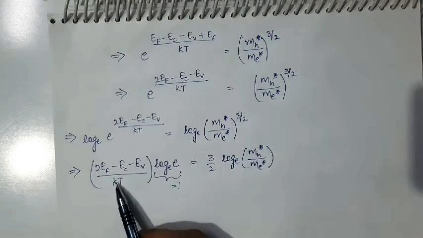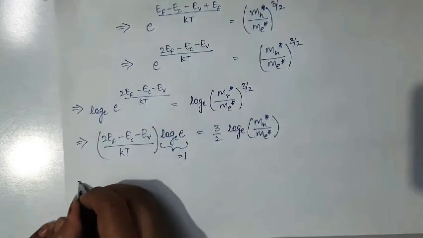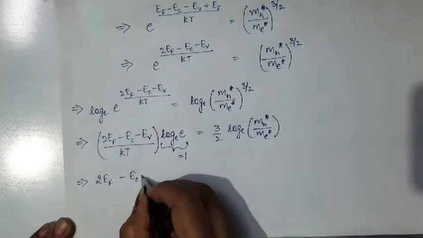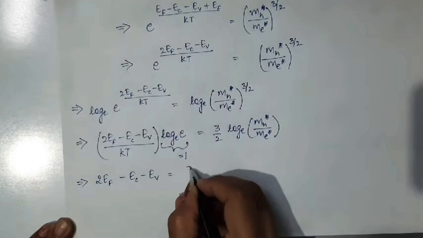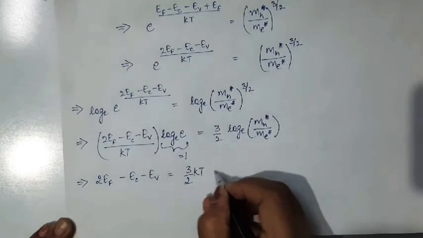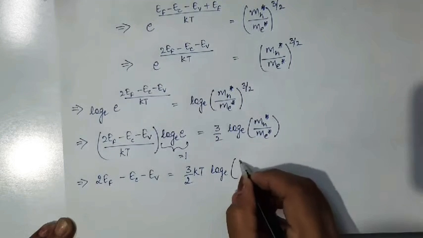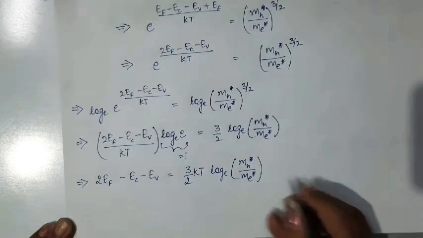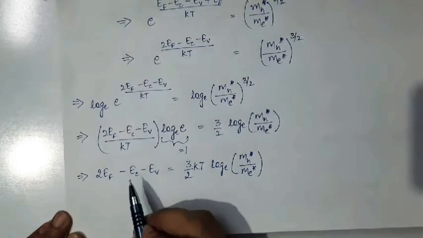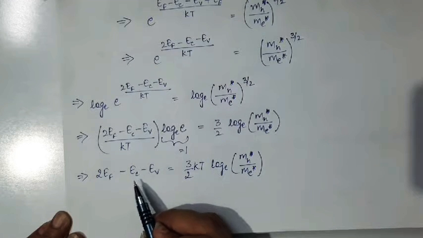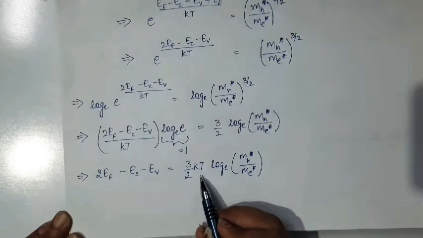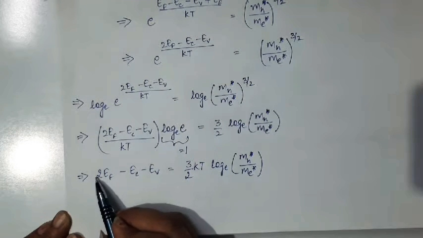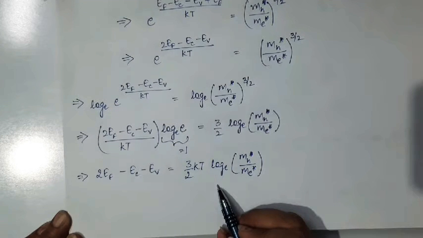It means move this KT to this side. We will get 2EF minus EC minus EV equal to 3 by 2 KT log to the base e of MH star upon ME star. Then EC and EV are negative on this side; move these two terms to this side and they will become positive, and this 2 is multiplied with EF, so on moving it to the other side it will be divided.